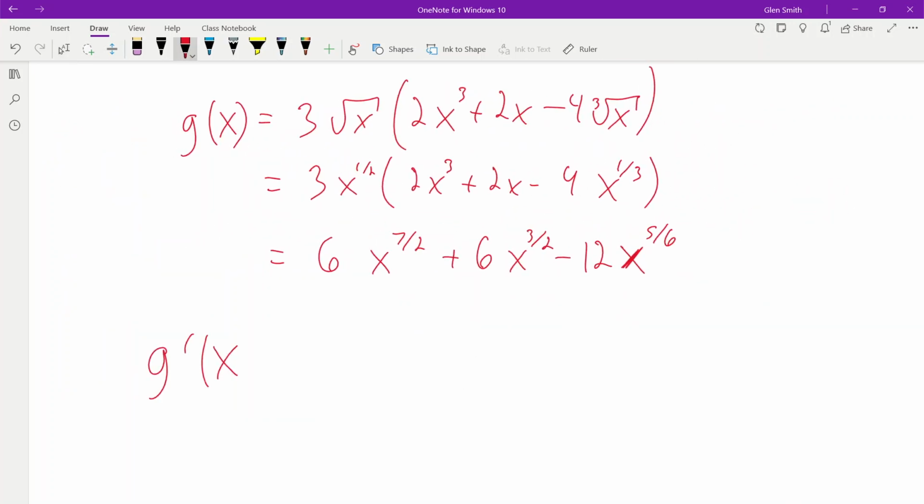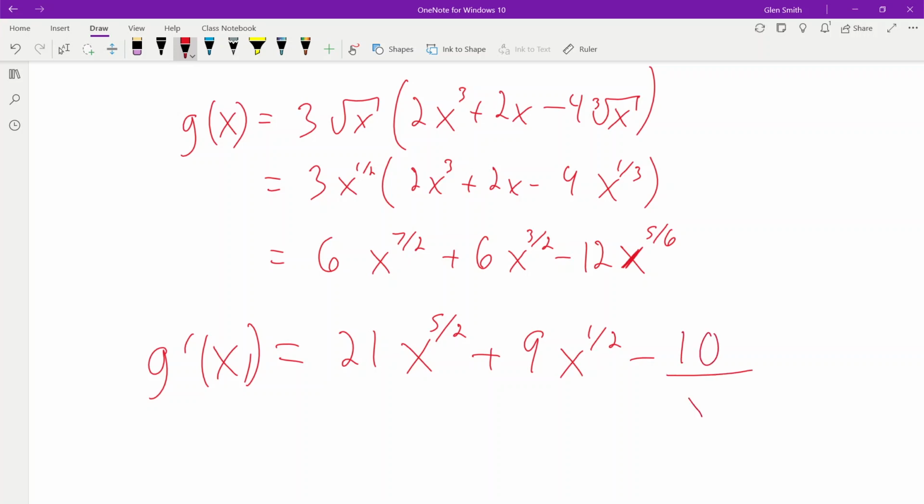Do we know that we get g prime is, look, multiply 7/2 times 6 is 21, because the 6 and the 2 make a 3, okay? Plus 3/2 times 6 is 9 x to the 1/2. 5/6 times negative 12 is negative 10. x to the negative 1/6 will be that.